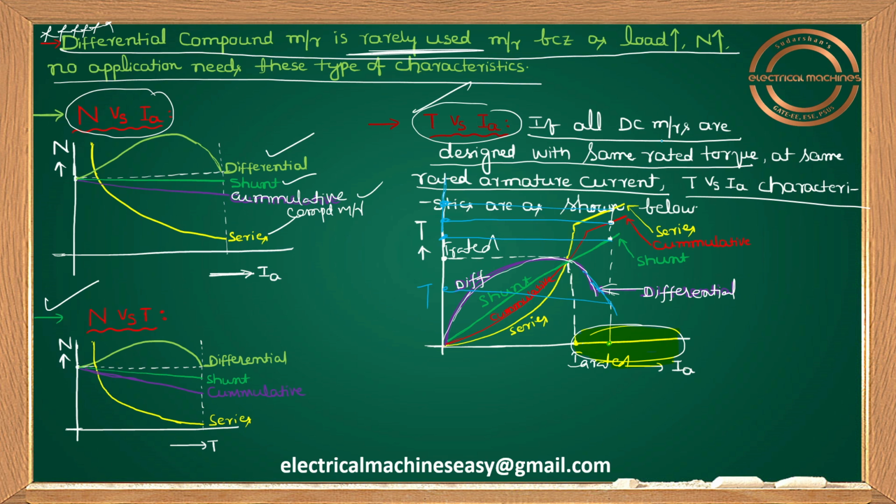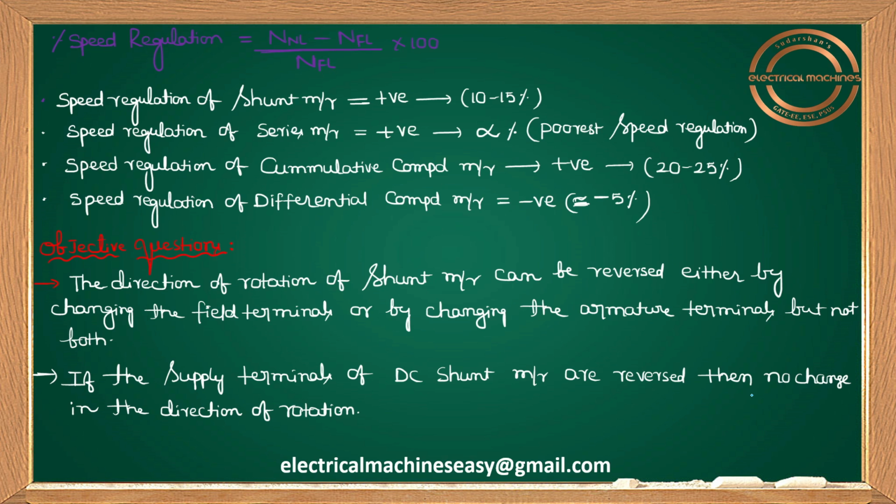If all DC motors are designed with the same rated torque at the same rated armature current, the T versus Ia characteristics are as shown below. So at above rated armature current condition, tell me which motor develops the highest torque.